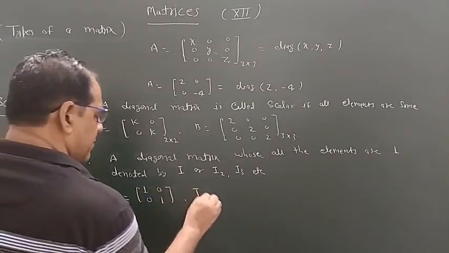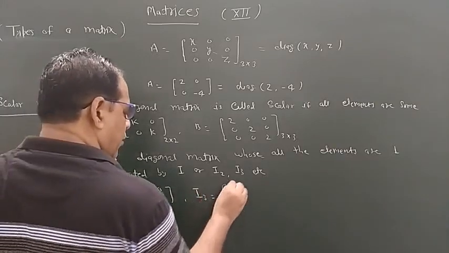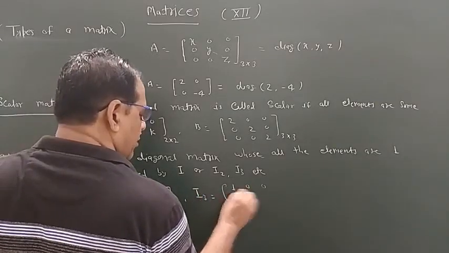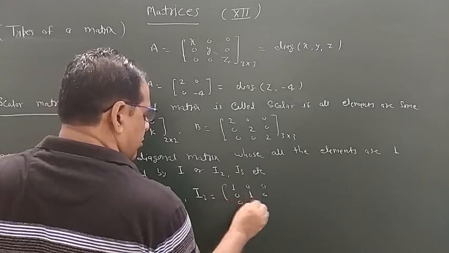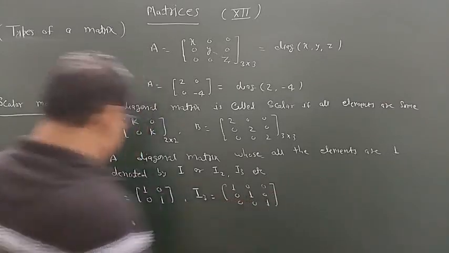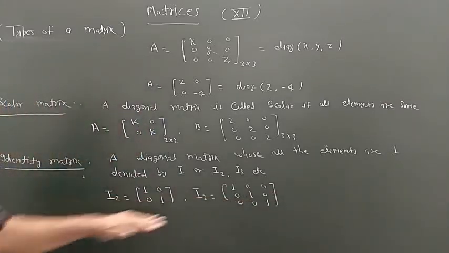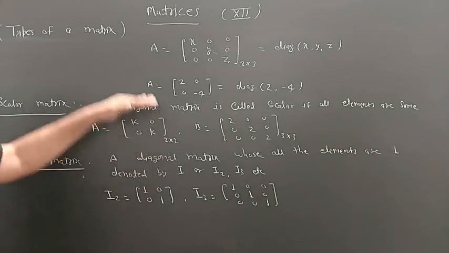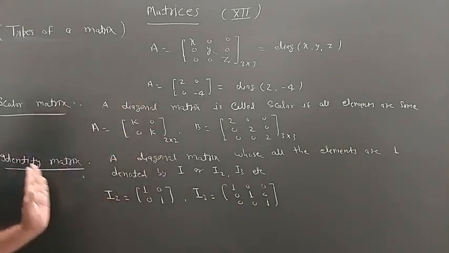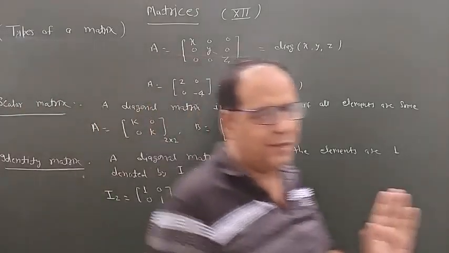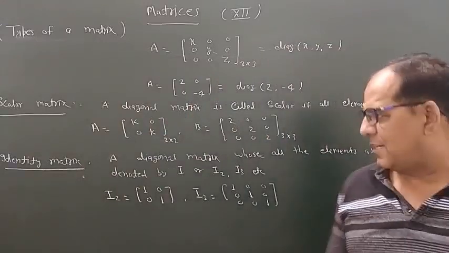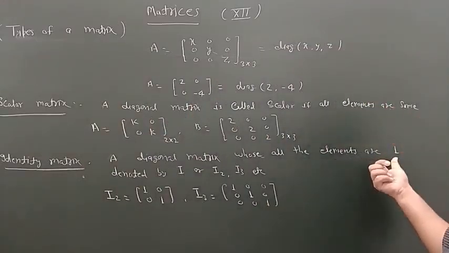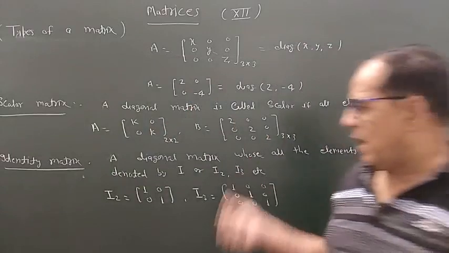I3 means 1 0 0, 0 1 0, 0 0 1. These matrices are called identity matrices. An identity matrix is always a square matrix. So a square matrix which is diagonal as well as scalar with the same element 1 is known as the identity matrix.